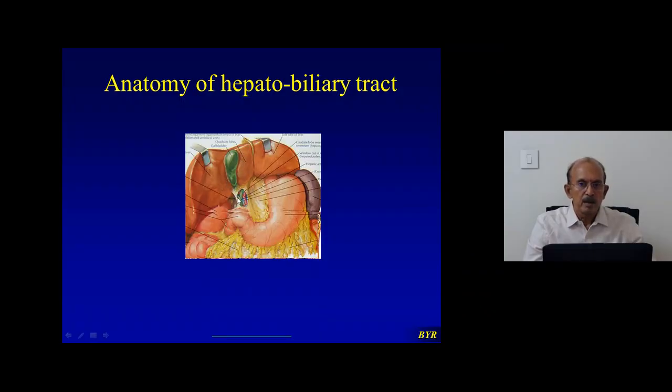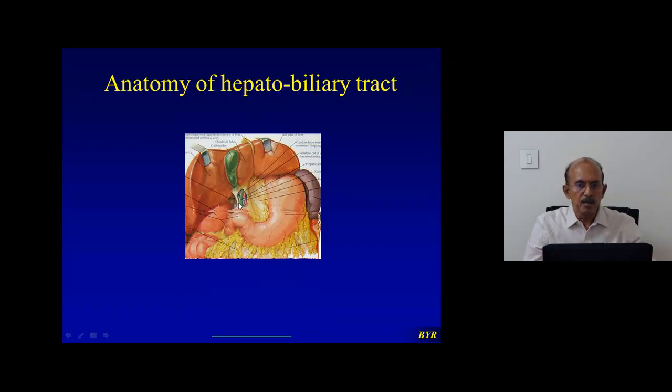The bile ducts and the portal triad structures are hidden by the cover of the lesser omentum. This is the lesser omentum. This is the free border of the lesser omentum. At the free border, the portal triad structures are covered by the lesser omentum on both sides.